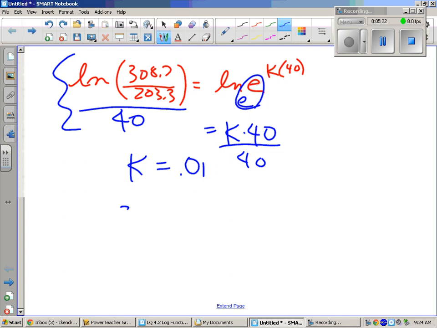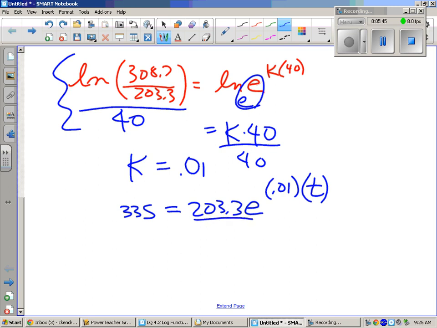So let's say 335 is the final amount we're looking at. The original amount was 203.3. e to the k, now we know, is 0.01, and t is what we're trying to figure out. We're figuring out what year, how much time. So we have to solve this pretty much the same way. We're going to divide both sides by 203.3.